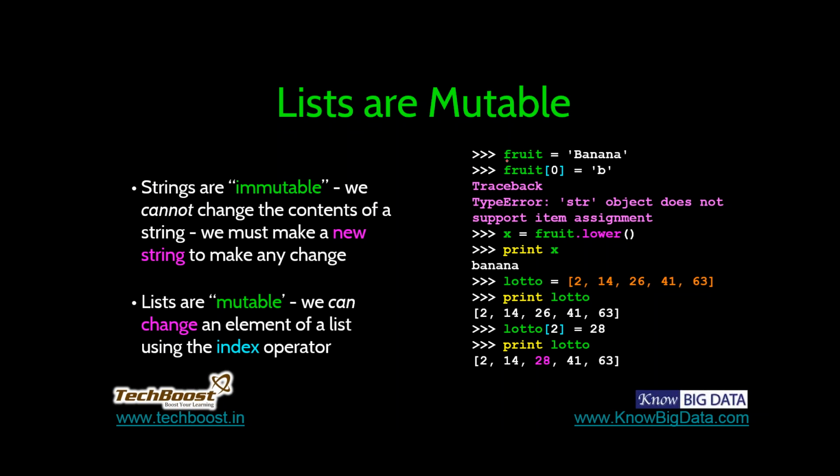So we have got a variable called fruit, and we have assigned the string banana. What are we trying to do now? We're trying to reassign or update the character at index number 0 to b, which is not valid because fruit is a string and modifying a string is not allowed, because strings are immutable.